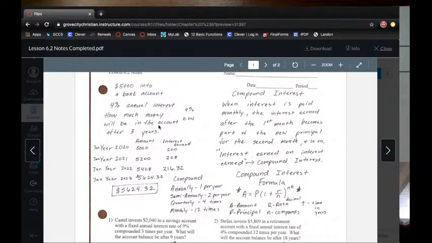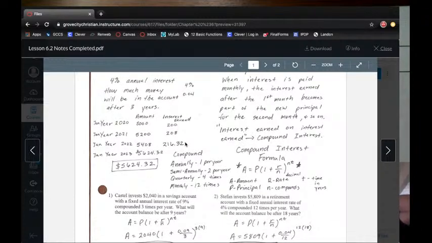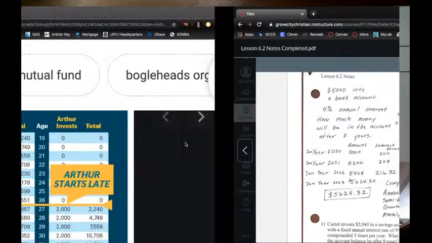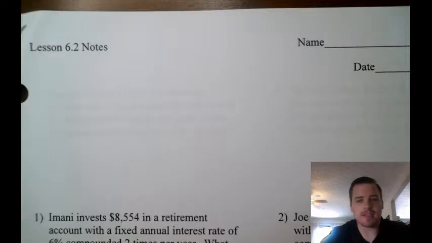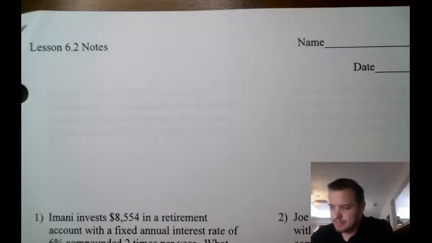Okay. So what we're going to talk about today is compound interest. That's really what we're looking at. And let me move this out of our way now. And with compound interest, let's write that word down, compound interest.